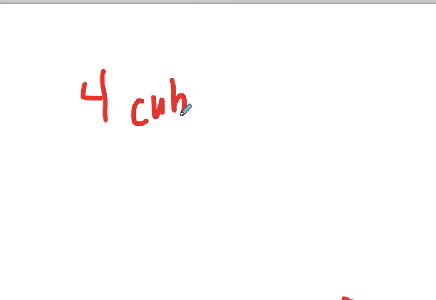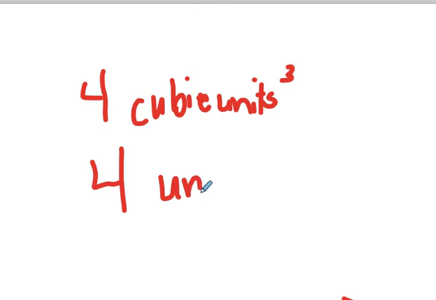So if you write a label on something that had 4 cubes in it, you want to make sure that you write a label like either cubic units or, I'm going to make that a C so it doesn't look like an L, or you write 4 units cubed.